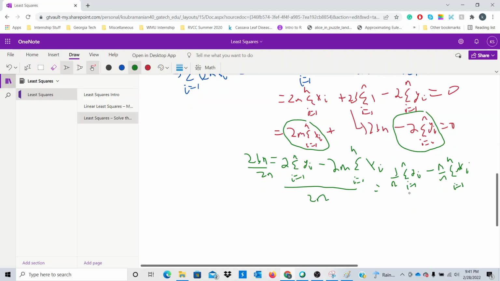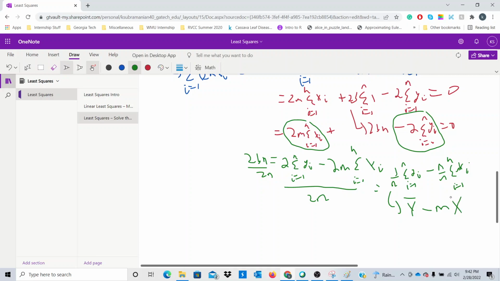So when we're summing all the y values and then dividing by n, what is that equivalent to? Well, that's equivalent to taking the average. So this is actually y bar, right? It's just the mean, basically. And likewise, we notice that here we're taking the sum from 1 to n of x sub i, so we're summing up all our x's in the data set and then dividing by n. Well, that's equivalent to taking the mean of all the x's.